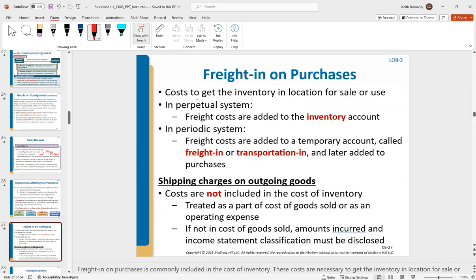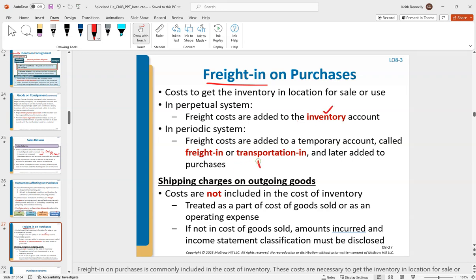So let's talk about some of those costs associated with it that you would capitalize and make part of inventory. Freight in here is just a way of saying shipping. Whenever you buy inventory, you may have to pay shipping for it. Well, that shipping is going to become part of the inventory account. And if you're using the perpetual system, that's great, you can just hit inventory for it.